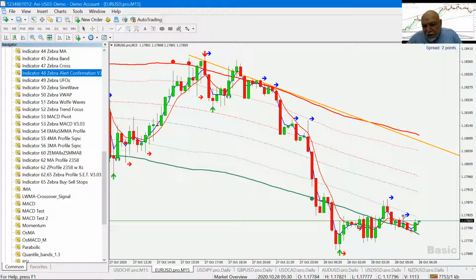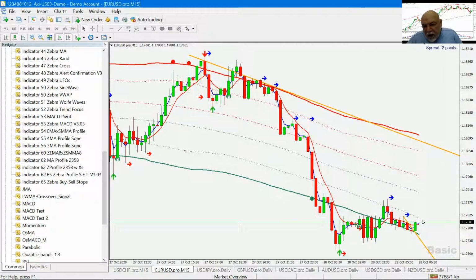So this was down. This is confirmed down here. You can see here now I have broken above here, and so at this point it might be possible to go ahead and take a long position.